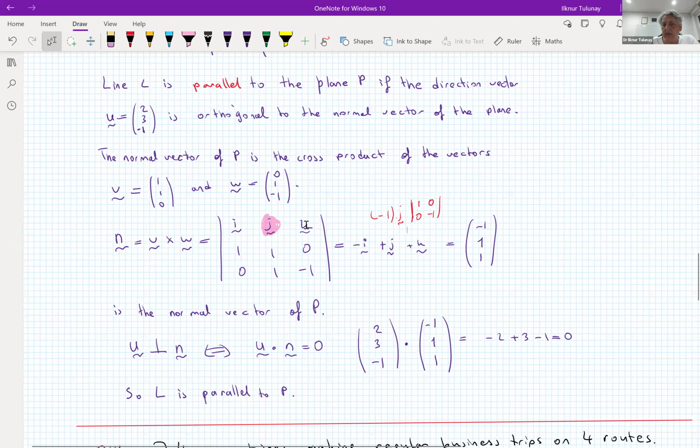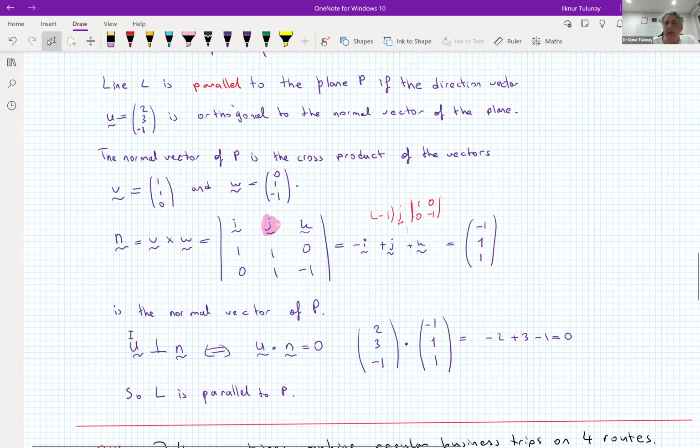For k, the coefficient is plus 1 in this case, and you remove this row and this column and calculate the determinant: this times this minus this times this is 0. So this is 1, and it is just plus k. Writing it in vector form, this is equivalent to (-1, 1, 1). So this is the normal vector of the plane P.